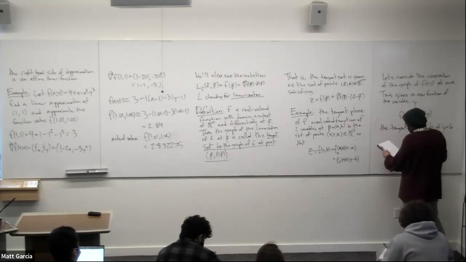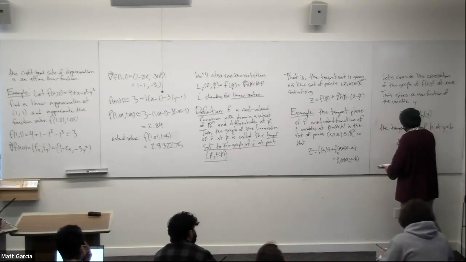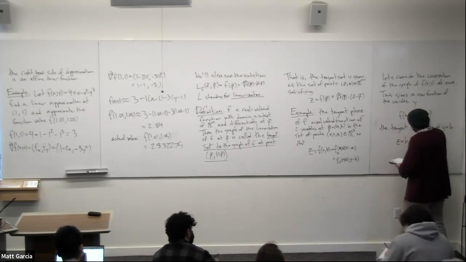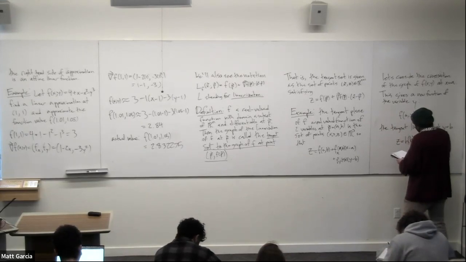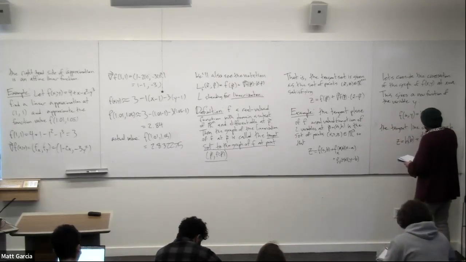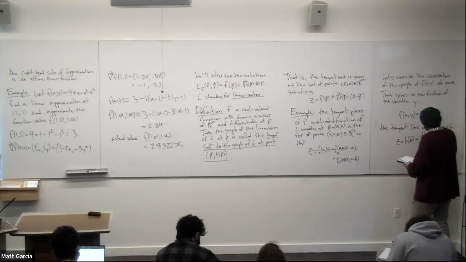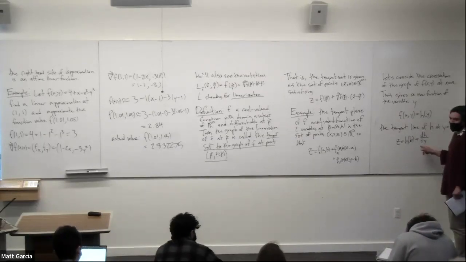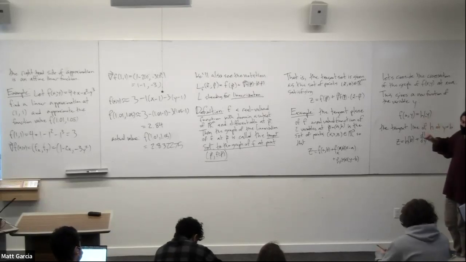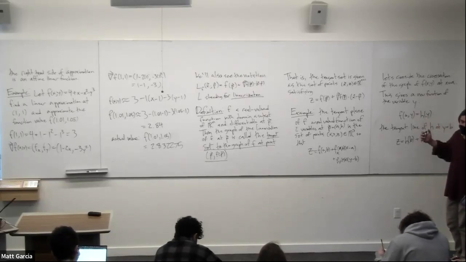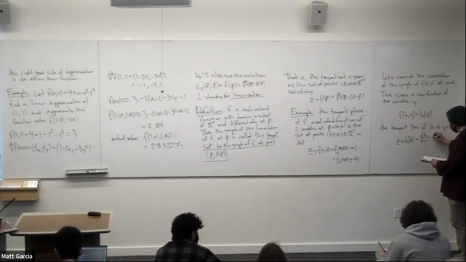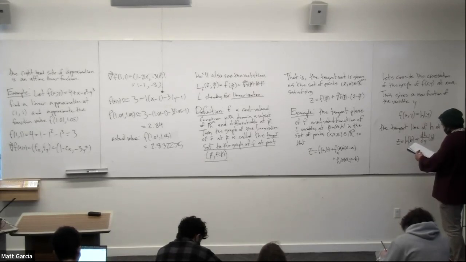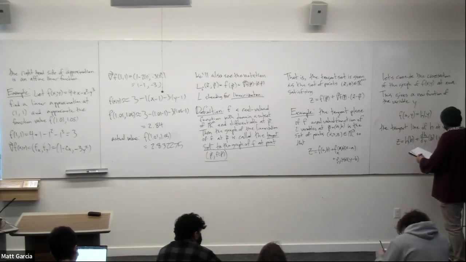Let me write the equation of this line. z is equal to h evaluated at b plus the derivative of h, and I specifically use the Roman d here because h is just a function of a single variable. So it's unambiguous what I mean by taking the derivative. Evaluated at b times y minus b.